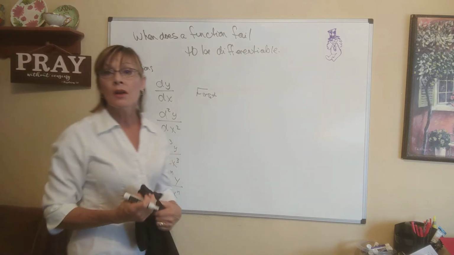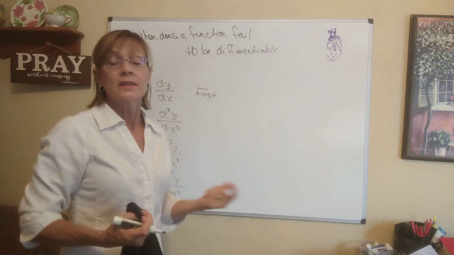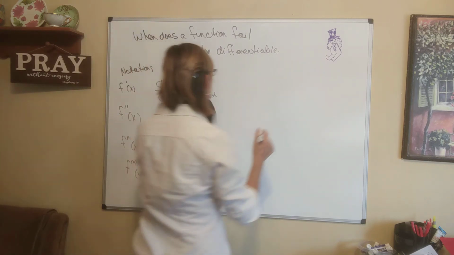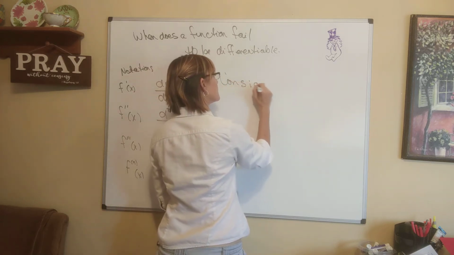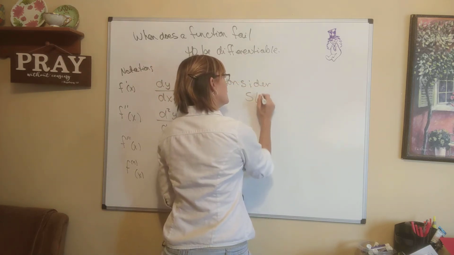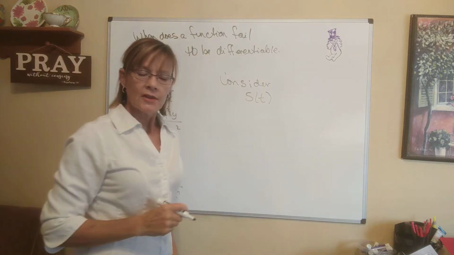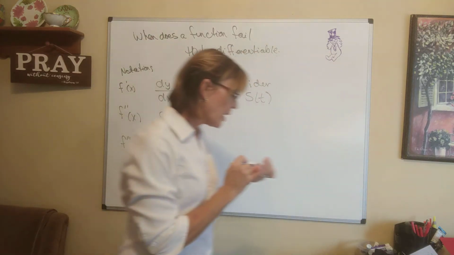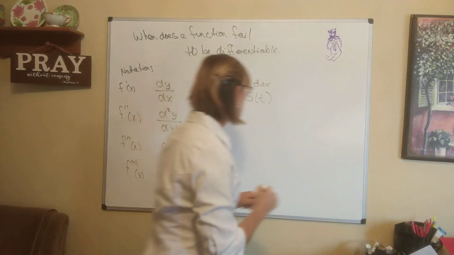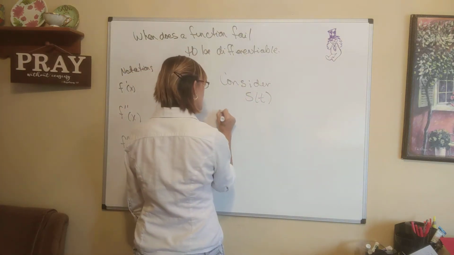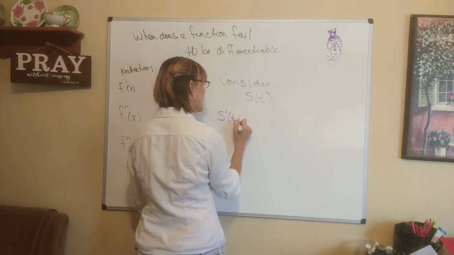Now here's an example of what this means. Let's consider the position function, s of t. If we took the first derivative of this, s prime of t, what does this actually mean?